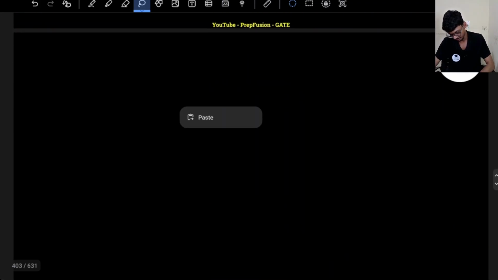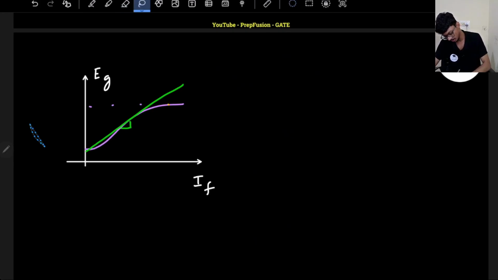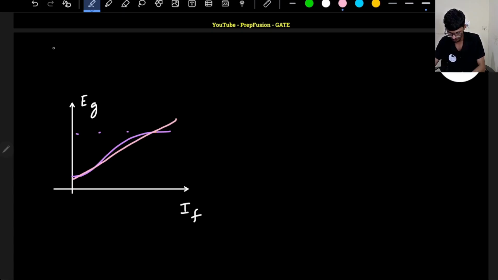So if I bring this graph back, we are discussing the load characteristics now. Let me draw the critical shunt resistance value like this. So we are discussing the load characteristics.